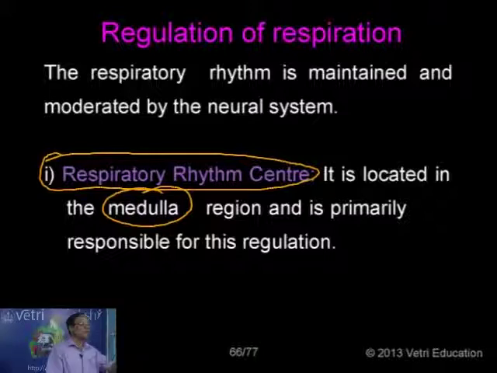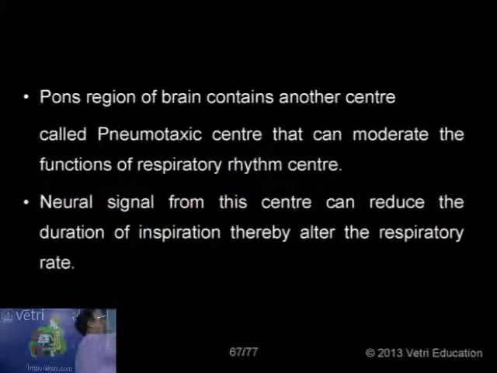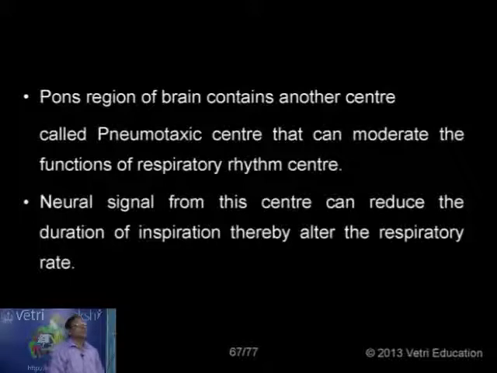That's why we have two regions in the medulla for controlling inspiration and expiration. This center normally controls the respiratory process. So in the medulla, we have the center for inspiration and the center for expiration.